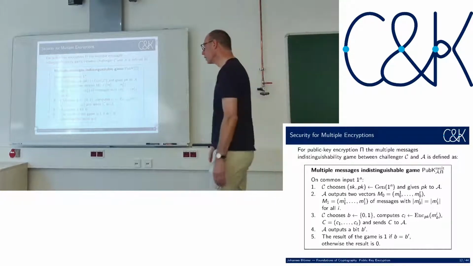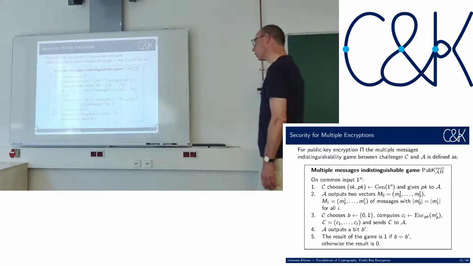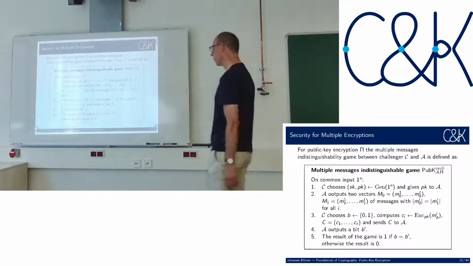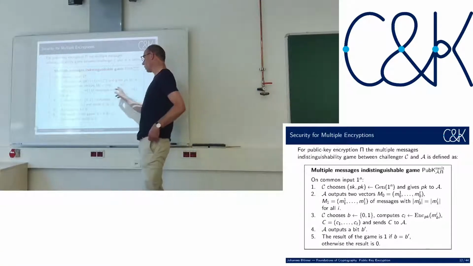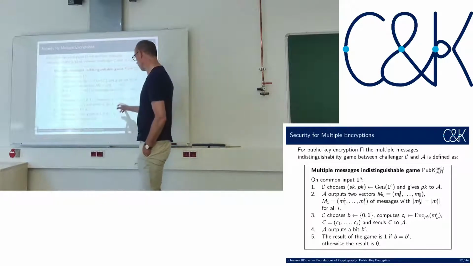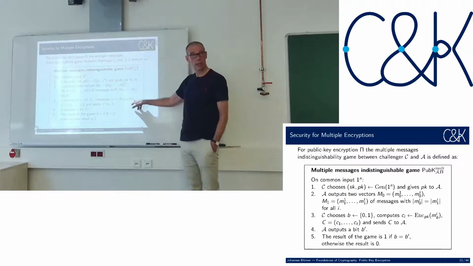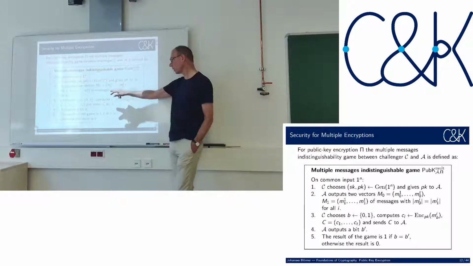Then C chooses a bit b in {0,1} and computes the encryption of all messages either in this sequence or in this sequence. It's always the M_b,i, so b is fixed, either 0 or 1: either all messages here or all messages here.